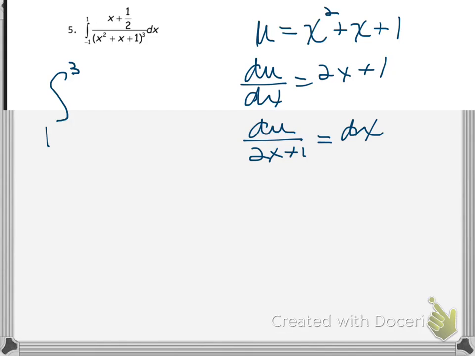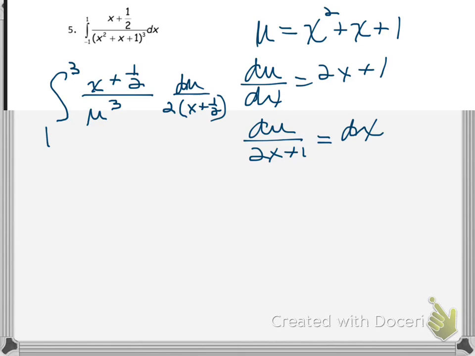Okay, so now we're going to write. So x is still x plus a half. Okay, and then my denominator ends up being u to the third, and my dx is du over 2x plus 1. Why don't I pull out the 2 and make that x plus 1/2, and you know why I did that, right?